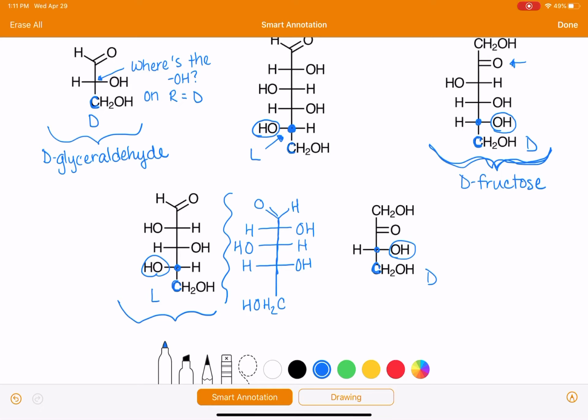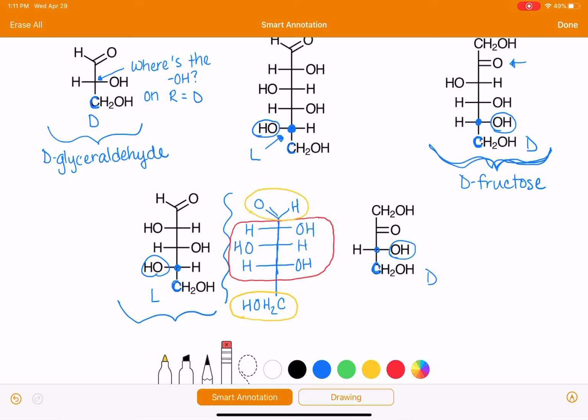Now, recognize that when you're looking at these problems on Sapling, the only thing that really matters in terms of is it on the left or is it on the right are the carbons that are on the horizontal bonds, or the things that are attached to the horizontal bonds. So on Sapling, the stuff down here at the bottom of the chain might be drawn mirrored or it might not be drawn mirrored. The same is true for the stuff up here at the top.